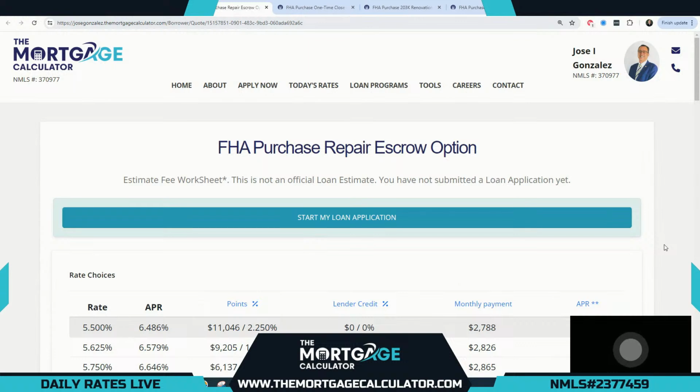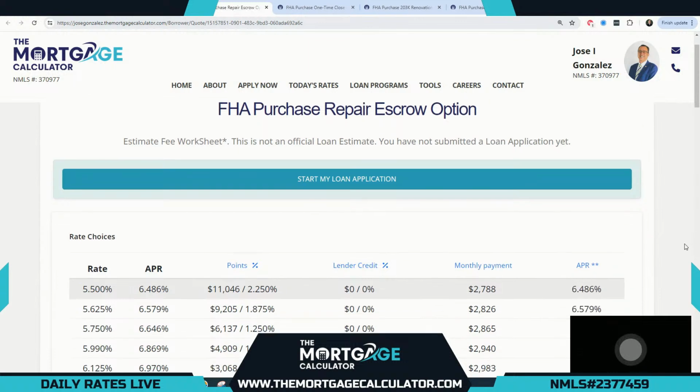It's going to be monitored in the same way that the 203K loan is monitored. They're just not going to let you leave the money at the title company and then you do whatever you want with repairs. There are post-closing considerations there, just like the 203K for the repairs.